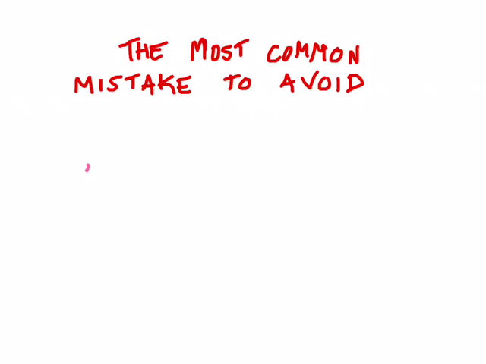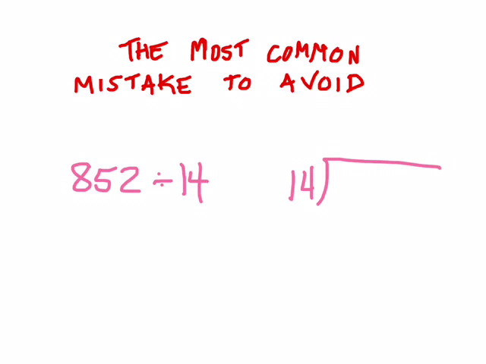So for example, the way I say division might be like this: 852 divided by 14. The problem is that when students go to actually set that sort of a problem up, they want to use the more standard long division method, and they forget that that's backwards.